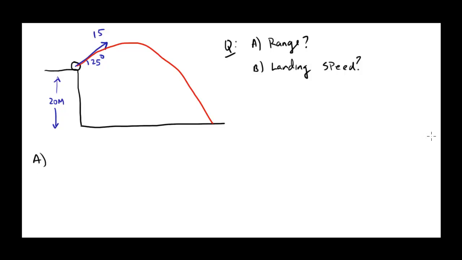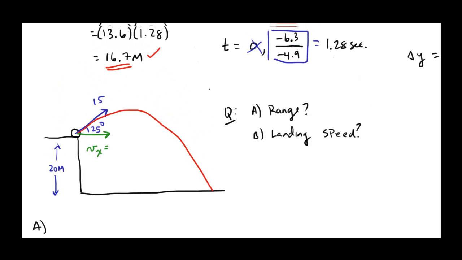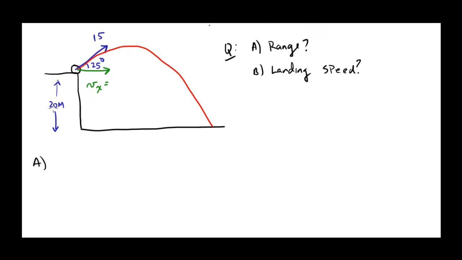Very similar to before, I'm going to use my delta x equations and my delta y equations. So it's going to be very similar. There's just going to be one additional step of algebra. So let's remember what we did last time. We already know from last time that my Vx is, what is it, 13.6? Is that what we found? Yeah, 13.6.